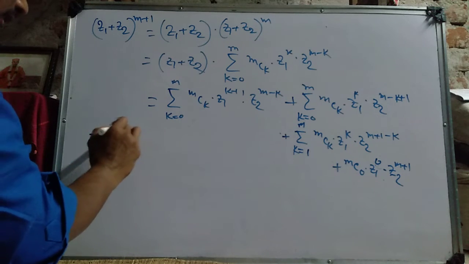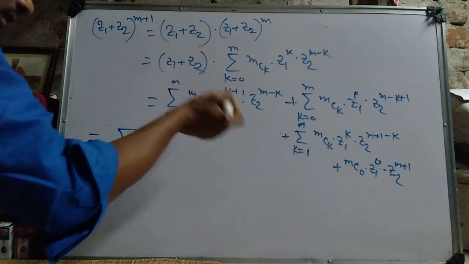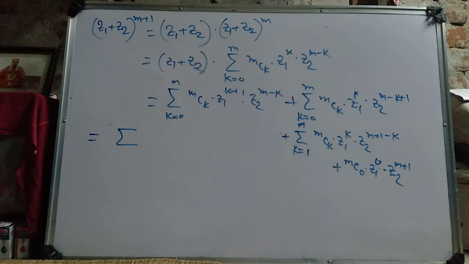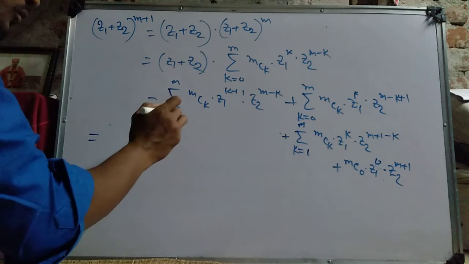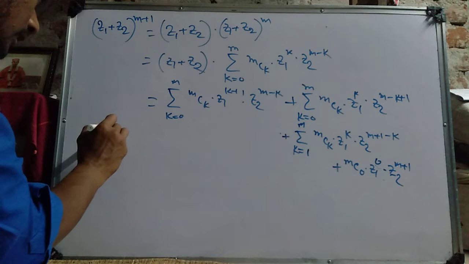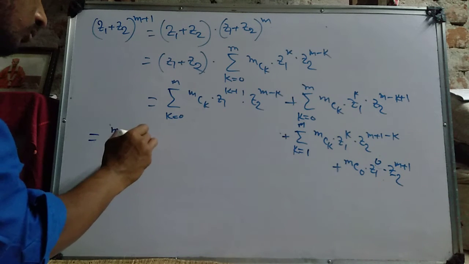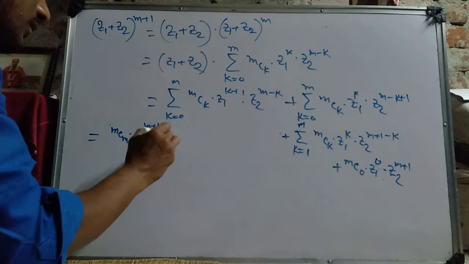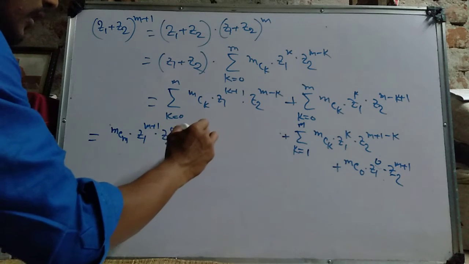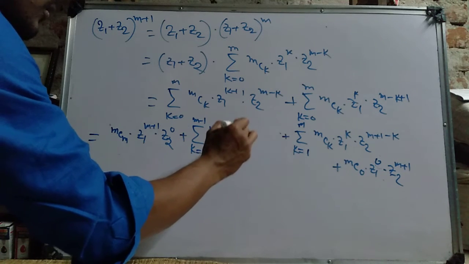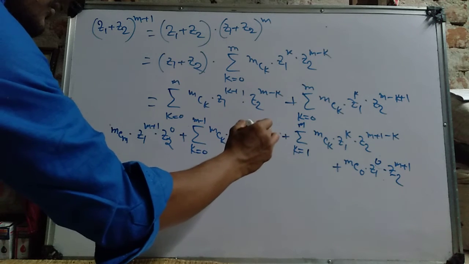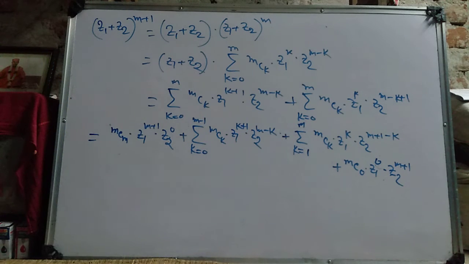Here we write k plus 1, that means k plus 1 equals 1. Okay, that means if we write k equal to 0, then this one is okay, but we do not put this one here, we put k equal to m here. If we put k equal to m here, then mCm z1 to the power m plus 1 z2 to the power 0 plus, for k equal to 0 to m minus 1, mCk z1 to the power k plus 1 z2 to the power m minus k remains unchanged.